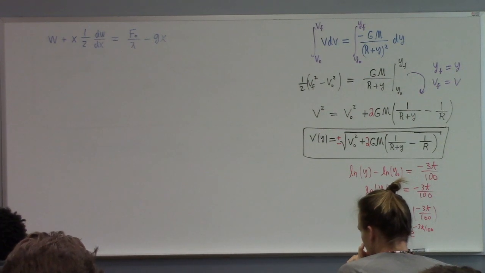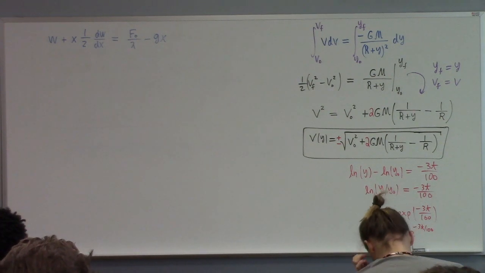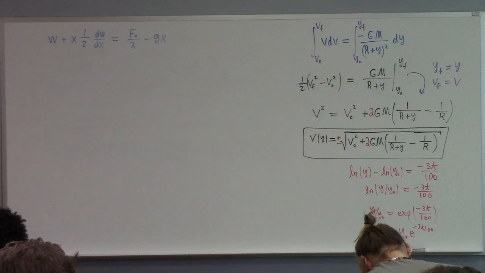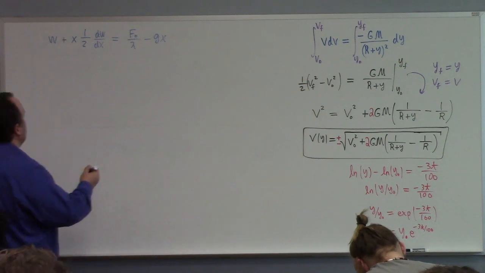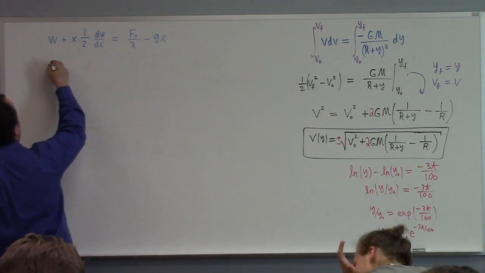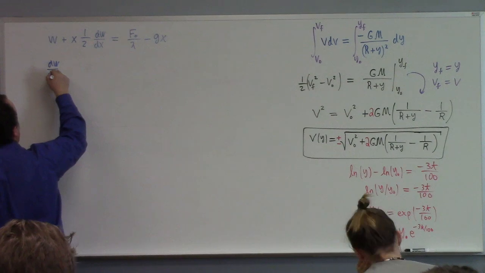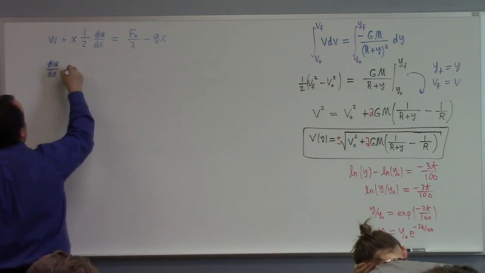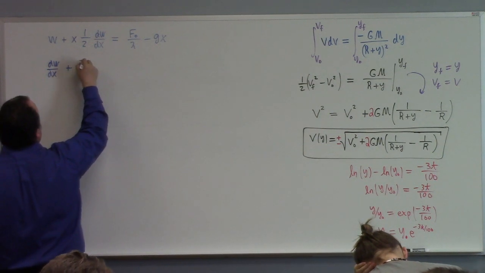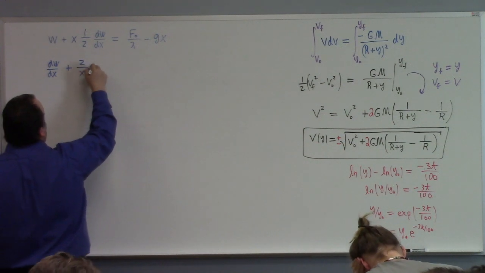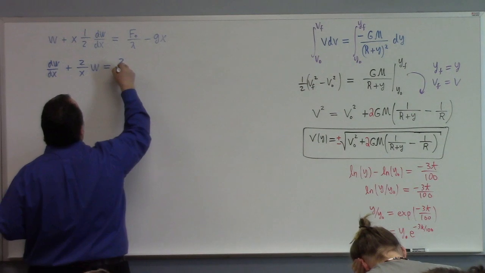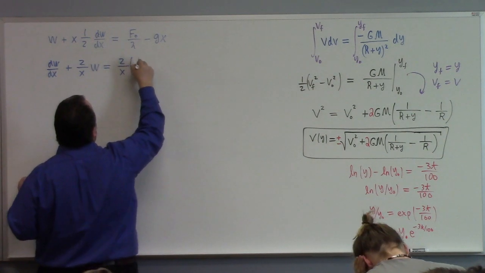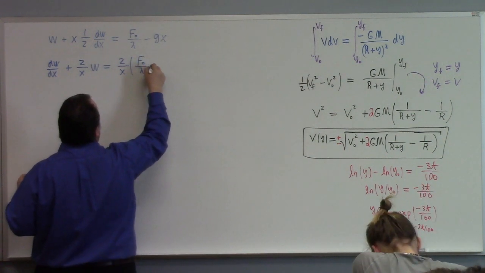Let's see here. We have dw/dx plus 2 over x times w is equal to 2 over x times f naught over lambda minus gx.